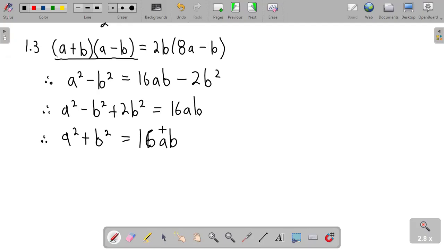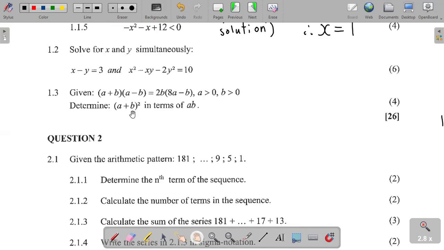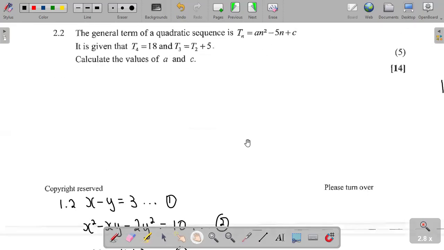Now the question is saying determine a plus b squared.